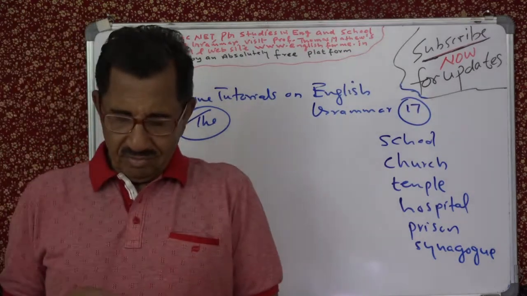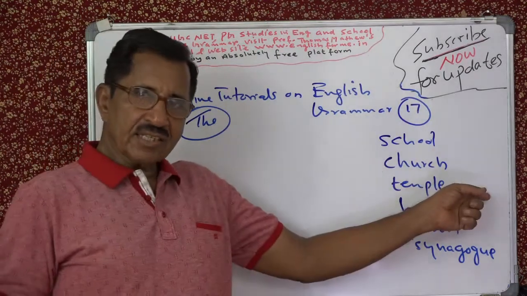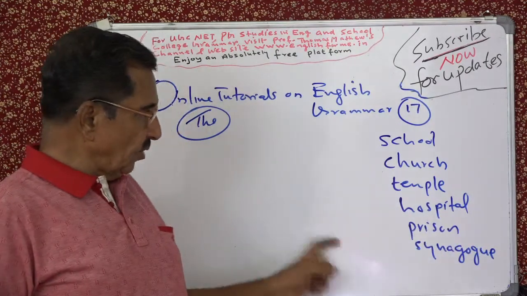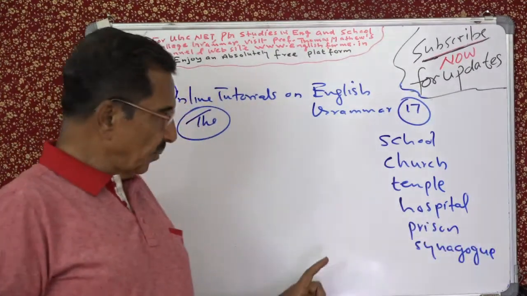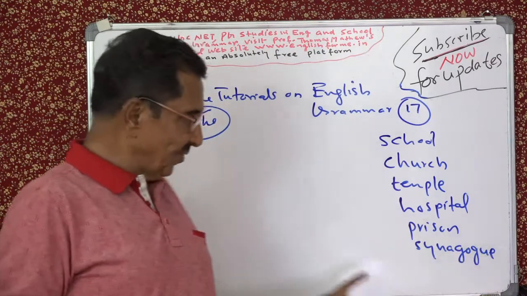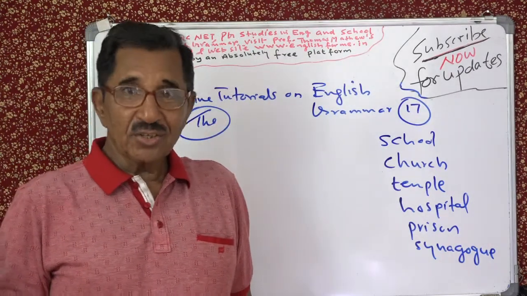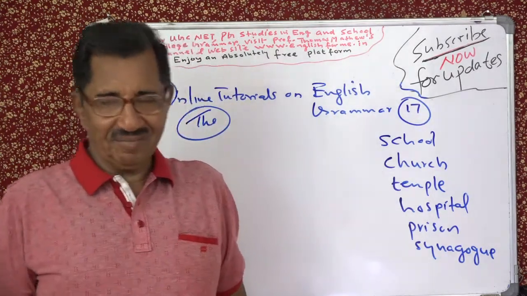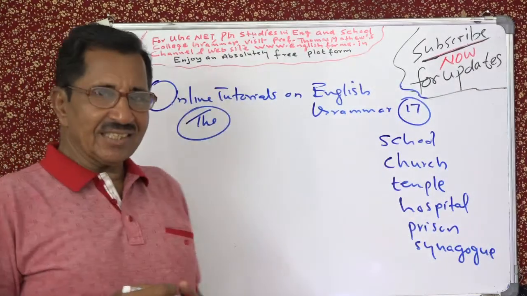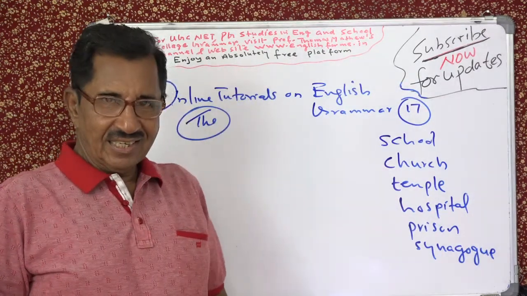So these places: school where we study, church where Christians go to pray, temple where the Hindus go to pray, hospital when you are sick you go, prison when you are a criminal you go, synagogue the place where the Jews pray.